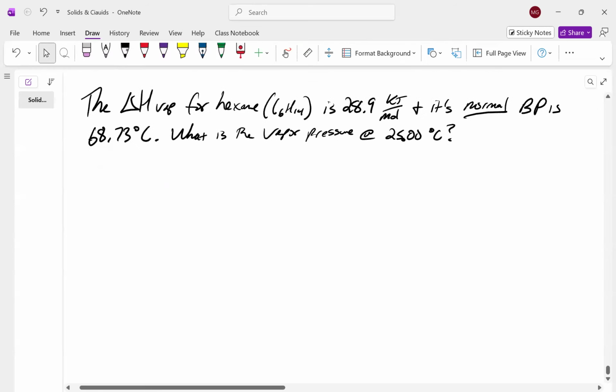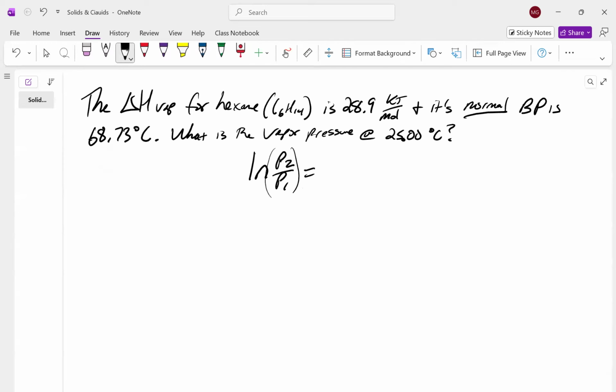And so let's rewrite it down here. And it does not matter what you label as one or two, as long as you keep them the same. So if your initial conditions are going to be P1 and T1, that's fine.